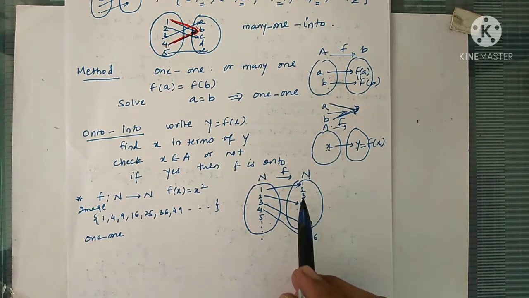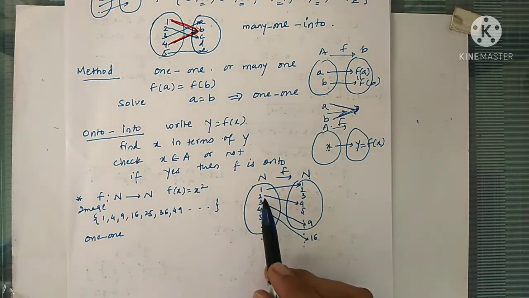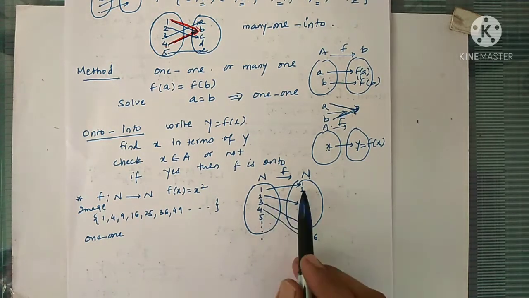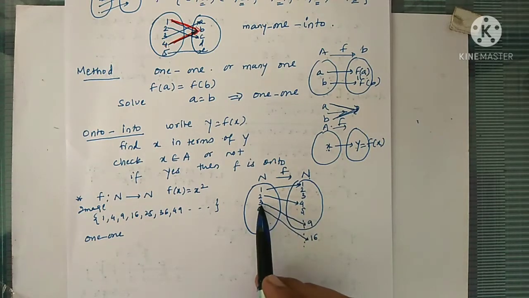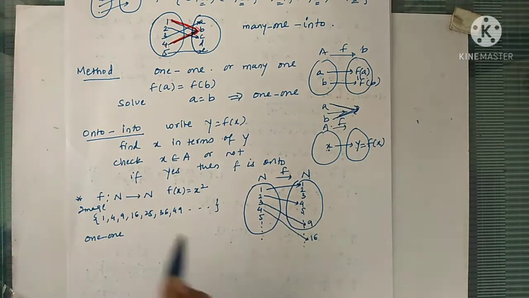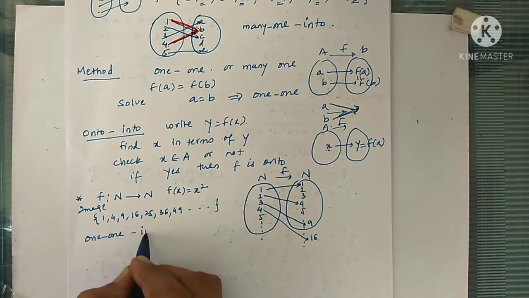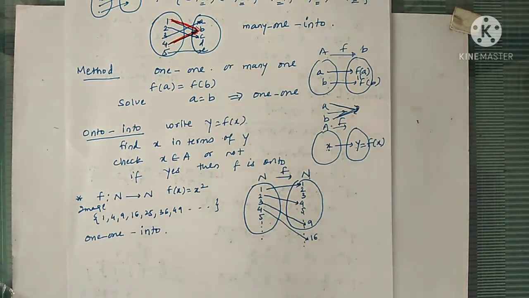No, such a natural number does not exist. So 2, 3 are not images of any element in this set. These elements do not have pre-images. So the function becomes an into function. It is not an onto function. So it is an into function.